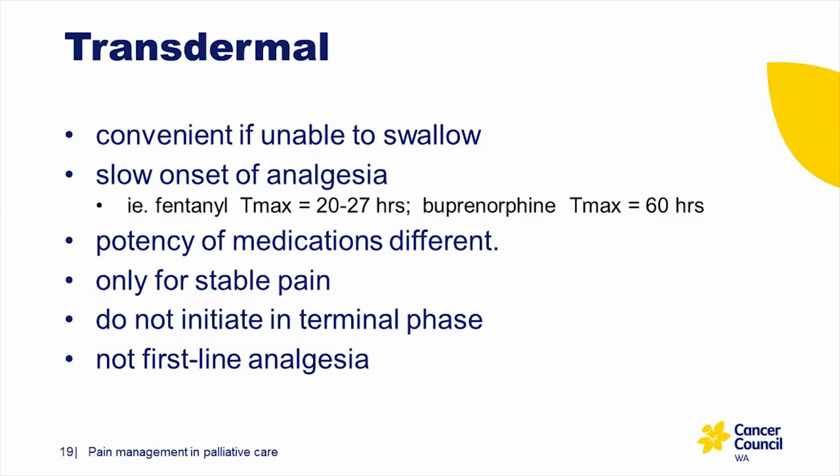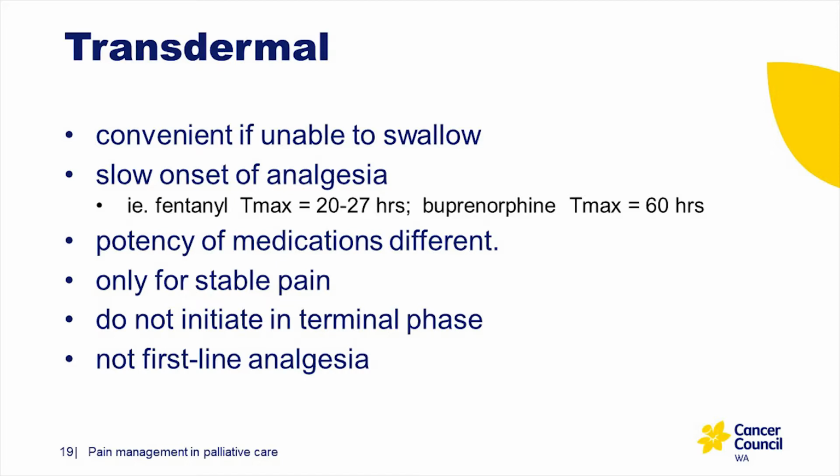The transdermal route can be very convenient if patients can't swallow. We must be very mindful, though, that it takes a long time for medications to be absorbed by the transdermal route. So when we put a fentanyl patch on, it will take up to 24 hours as a general basis for the medication to reach a good effect in the person's body.